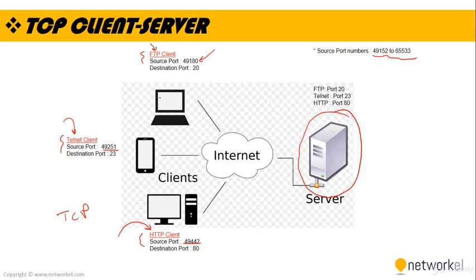For example, PC1 wants an FTP service from the server, so it's using destination port 20 of the server. PC2 wants an HTTP service from the server, so it's using destination port 80 while connecting to the server.